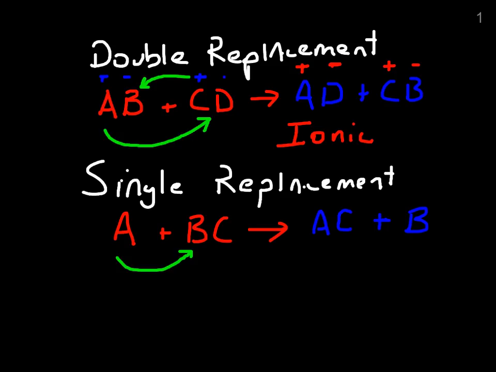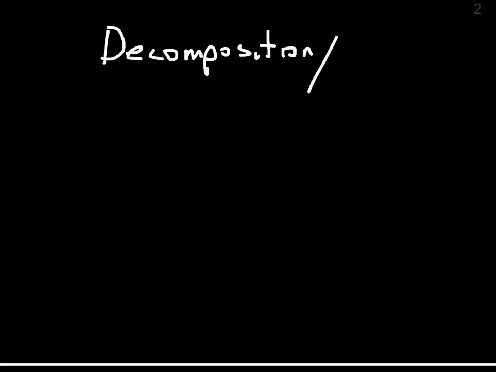All right? So here are three more, I guess. This reaction is called a decomposition. And sometimes it'll be referred to as an analysis reaction. That's a Y right there.